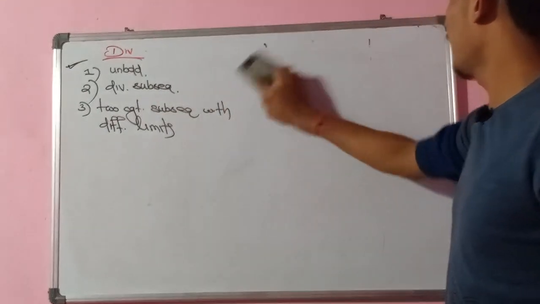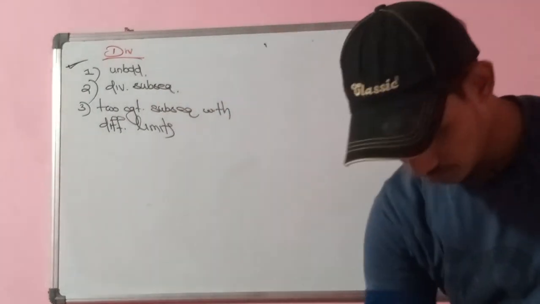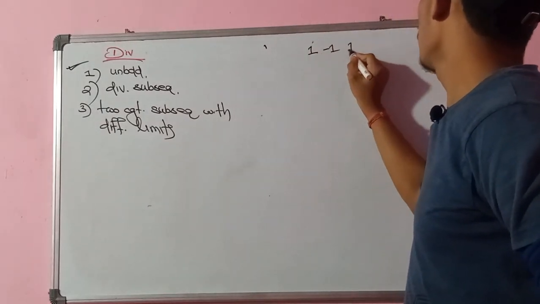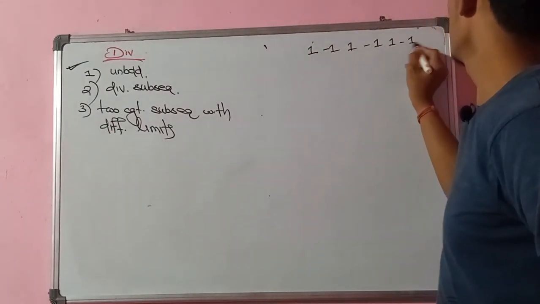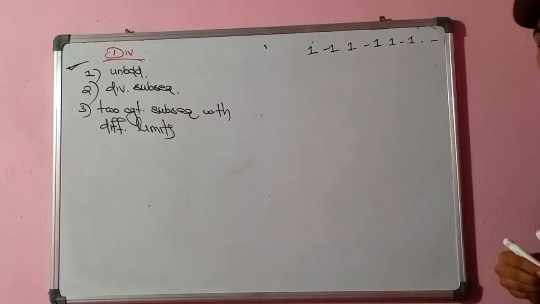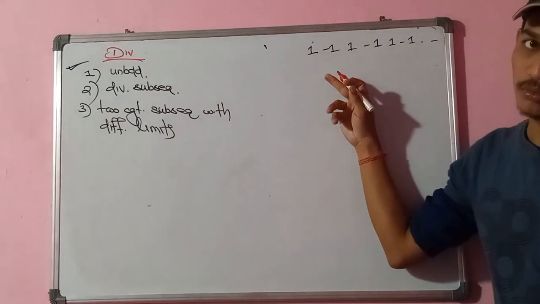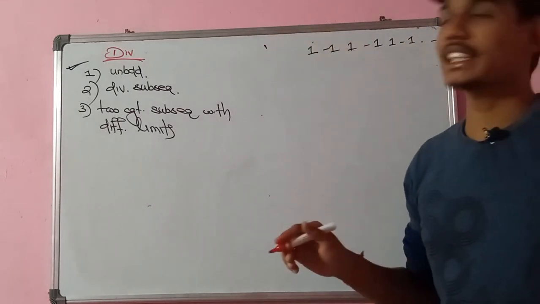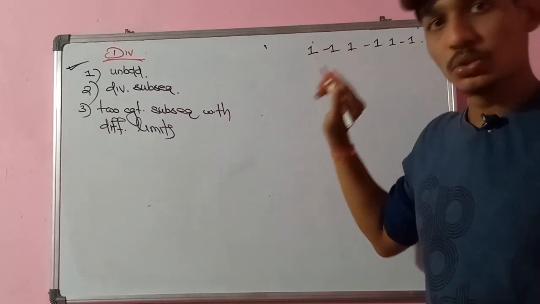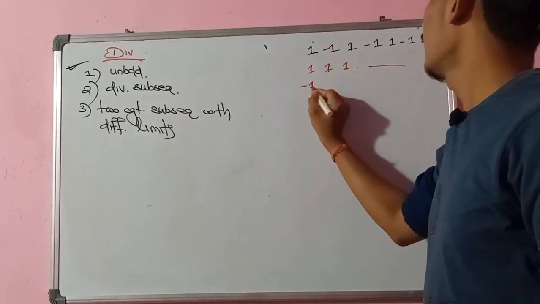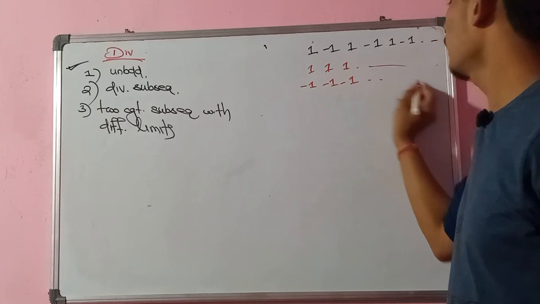So let's solve some examples. Let's consider the sequence 1, minus 1, 1, minus 1, 1, minus 1. We solved this and showed this sequence is divergent. Let me prove this by using the subsequence concept. I can divide this sequence into two subsequences: one is 1, 1, 1, and the other is minus 1, minus 1, minus 1.